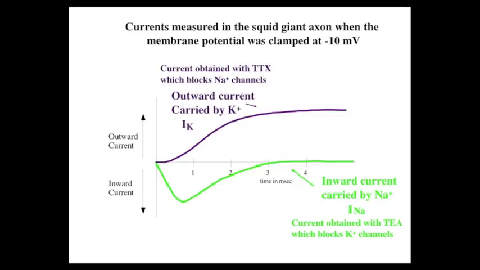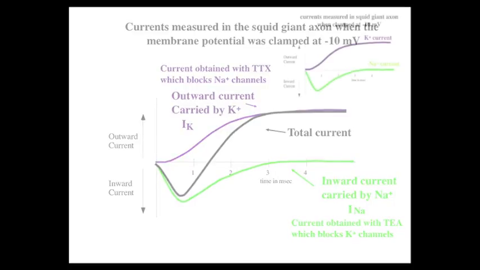And that's the current obtained when tetrodotoxin blocks the sodium channels. And then, of course, there's the total current, the current that would be obtained if you didn't have any channel blockers at all. The currents that we're going to be interested in, and the ones that we're going to use to compute the conductances, are the pure currents. The inward current carried by sodium and the outward current carried by potassium.